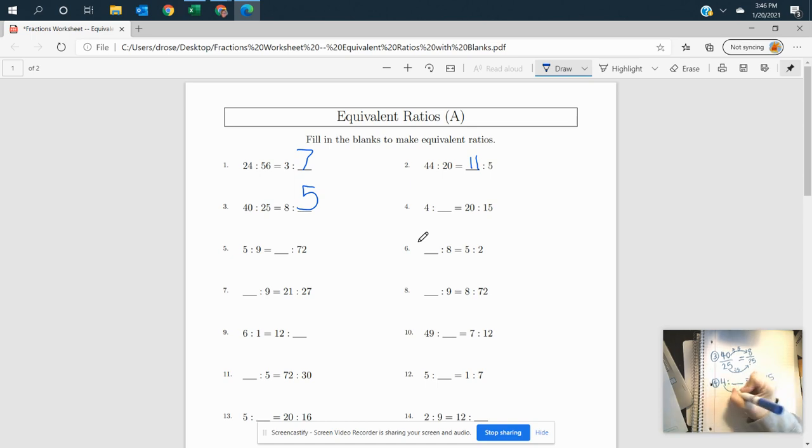So I know I have to multiply by 5 to get 4 to 20. Now for this one, I have to ask myself, what do I need to multiply by 5 to get 15? Like what number would be right there that I would need to multiply by 5 to get to 15? Well, that number is 3. Okay, so that would be 3.